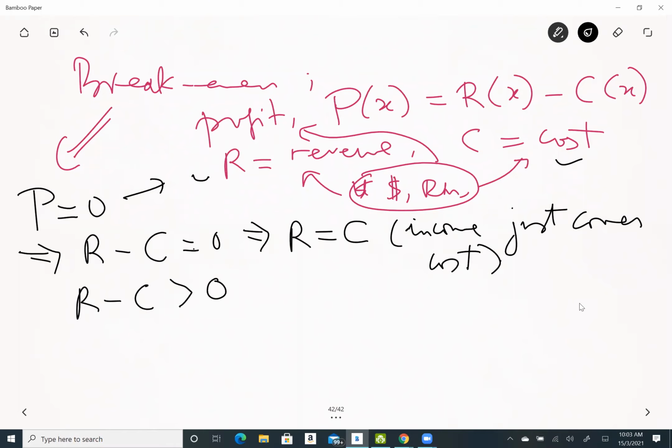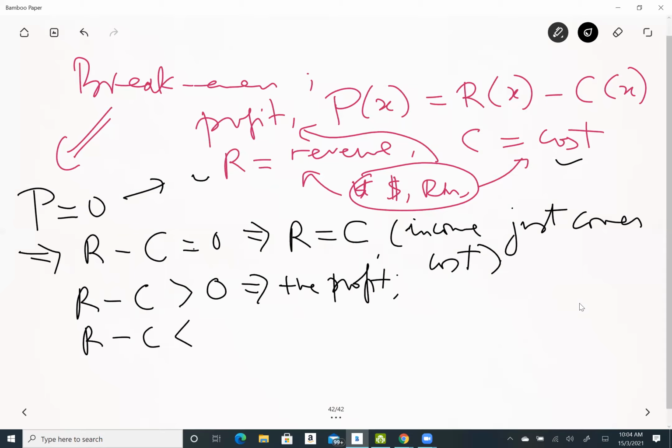It means we have positive profit, or simply in common terms, we just call it profit. And then if your revenue minus cost is less than 0, then you have a loss, or negative profit.